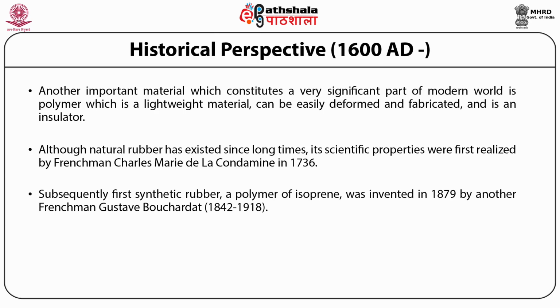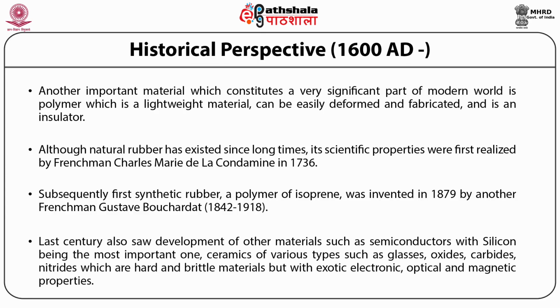Subsequently, the first synthetic rubber, a polymer of isoprene, was invented in 1879 by another Frenchman, Gustave Bouchardat, from 1842 to 1918. Over time, several forms of polymers have come into existence with a wide range of properties such as polyethylene, polystyrene, polyvinyl chloride, etc.